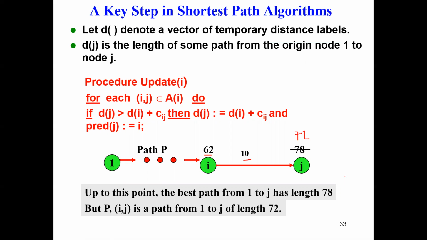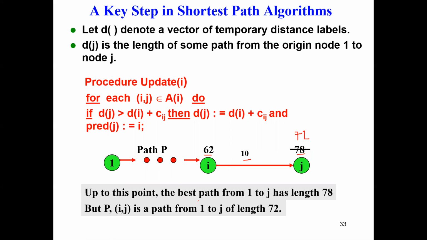In this case, as I mentioned, the original distance was 78, but now we found another path from i to j in which the shortest distance is no longer 78, it's 72. That's why we update that distance from 78 to 72.